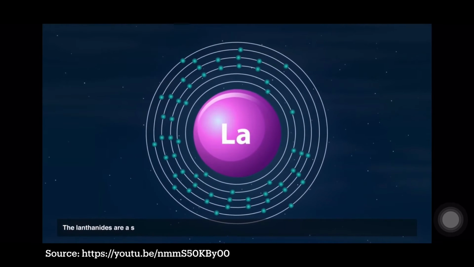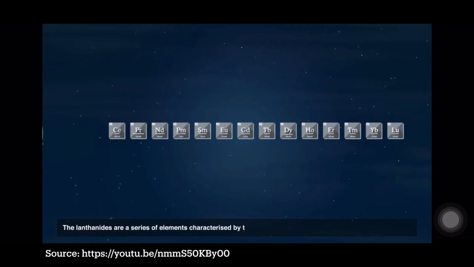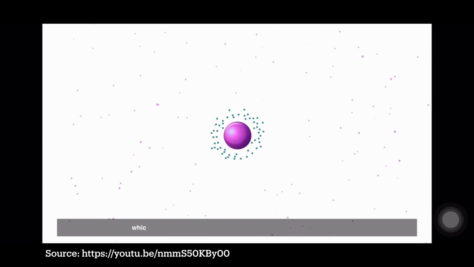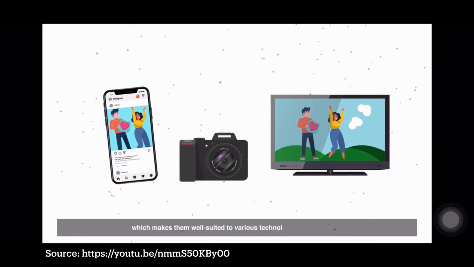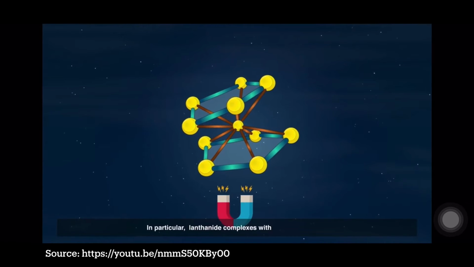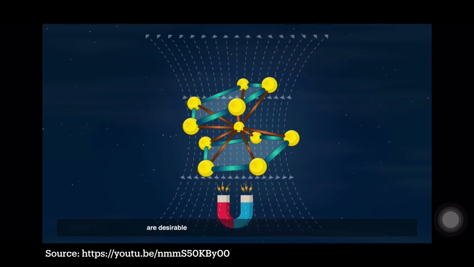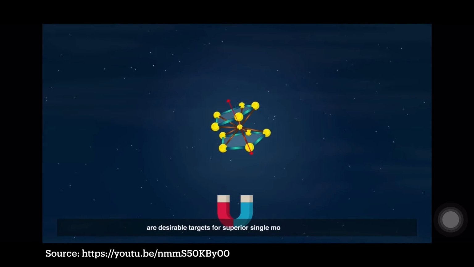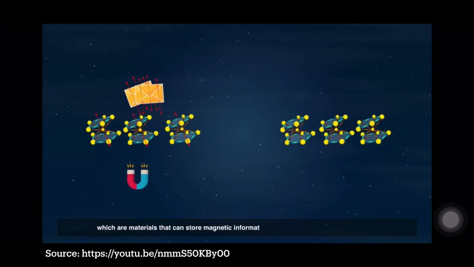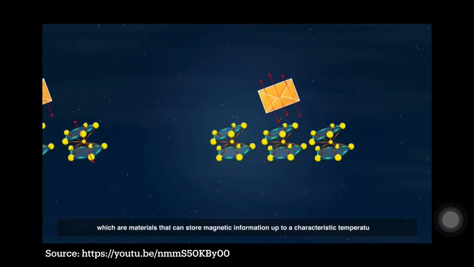The lanthanoids are a series of elements characterized by their unique optical, magnetic, and catalytic properties, which makes them well suited for various technological applications. In particular, lanthanoid complexes with linear geometries are desirable targets for superior single-molecule magnets, which are materials that can store magnetic information up to a characteristic temperature.